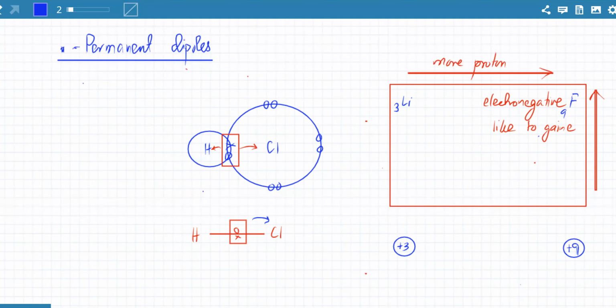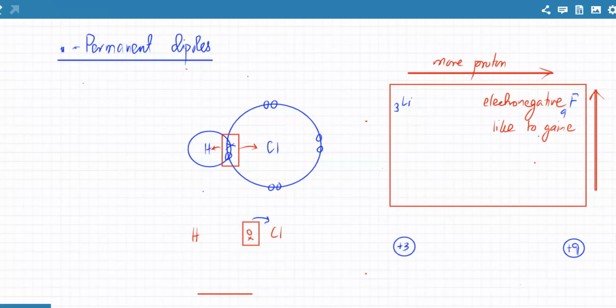So these electrons are going to be slightly closer to Cl.